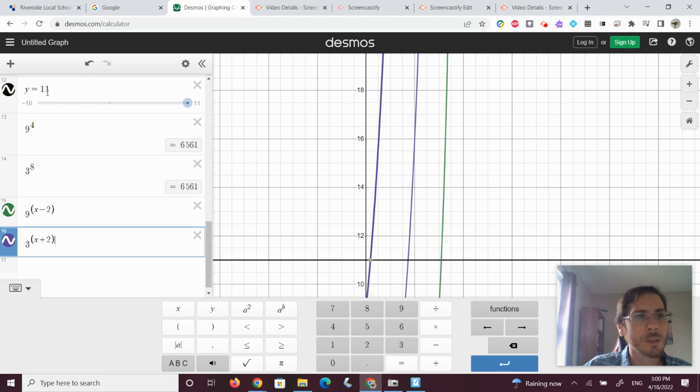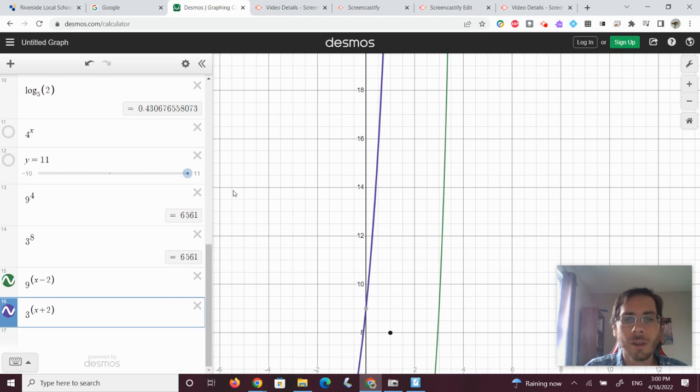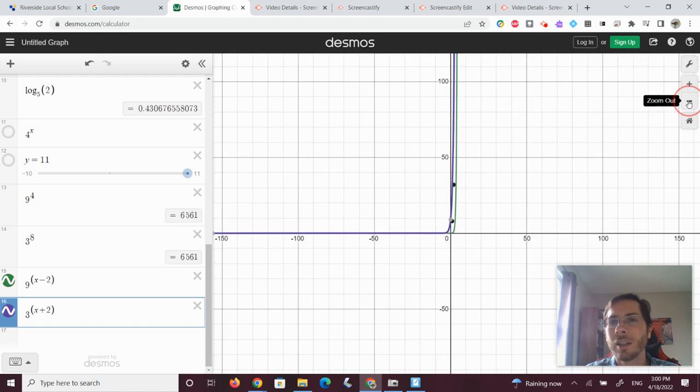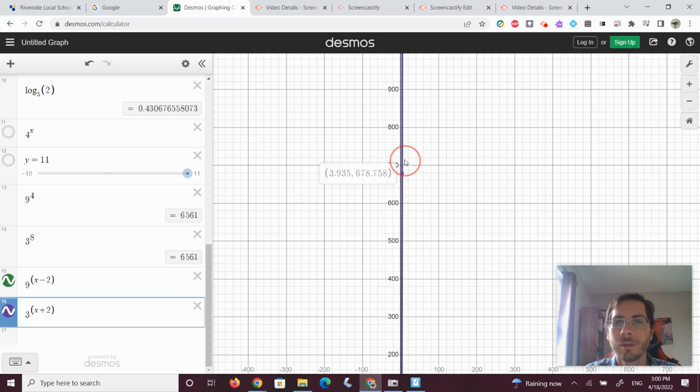All right, let's turn off y equals 11. We don't want that. We also don't want 4 to the x. And I have to find out where these two things connect. So you can see why solving this one by graphing may not be optimal, because those things, I don't even think they've connected yet. No, I don't see any gray dots.